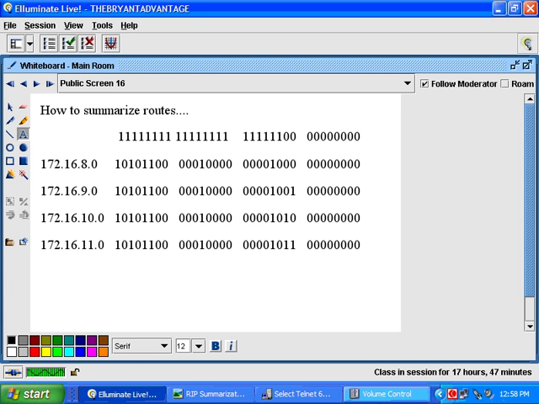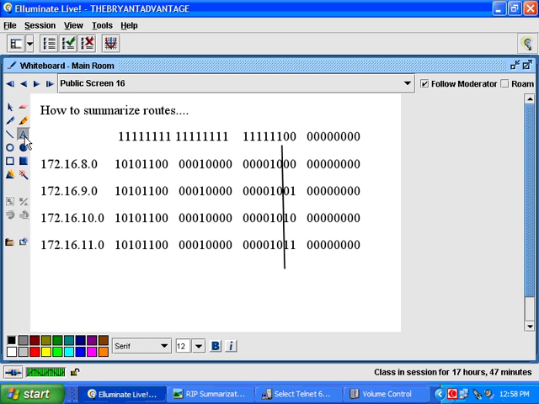Next to the four network numbers there, I've got them written out in binary, and all we do is look at them from left to right and determine at what point the four routes no longer have a bit in common. And it's right at this line. So now we actually have the value of the summary right in front of us.